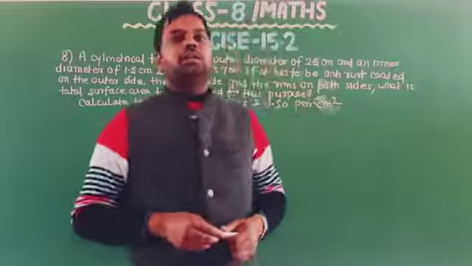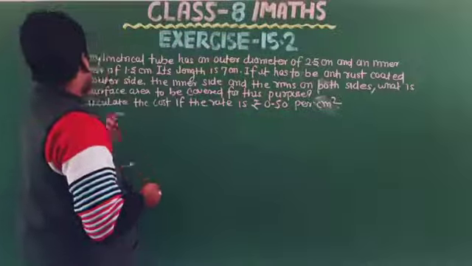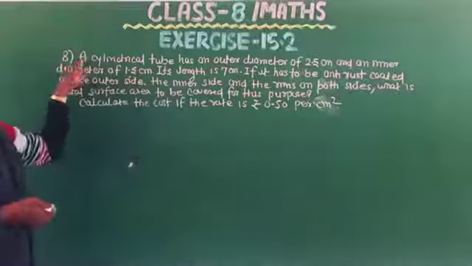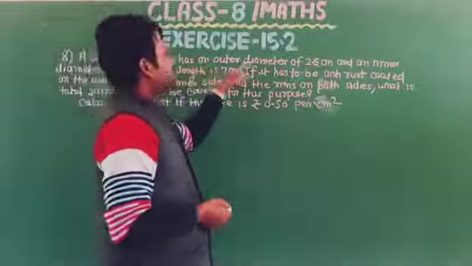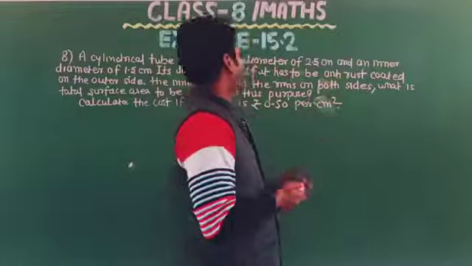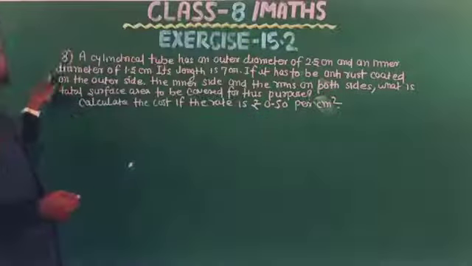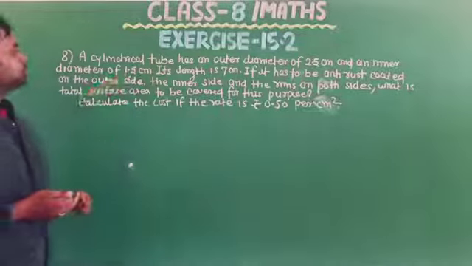Okay children, now move to question number 8. In this question it has been said a cylindrical tube has an outer diameter of 2.5 cm and inner diameter of 1.5 cm.